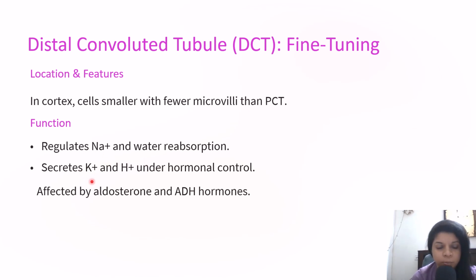And they secrete potassium as well as hydrogen ions under hormone control to do electrolyte balance, okay, acid base balance. And this sodium water reabsorption is mainly affected by aldosterone and antidiuretic hormone that is produced by the pituitary.